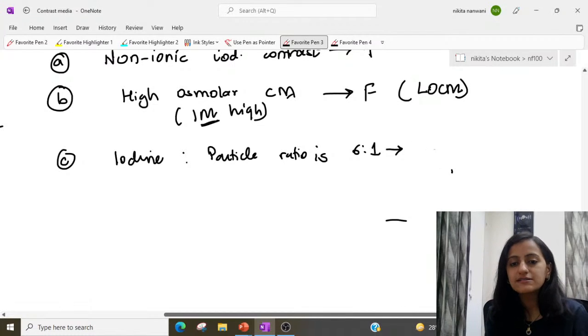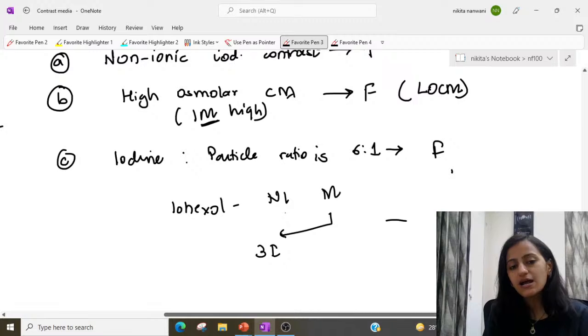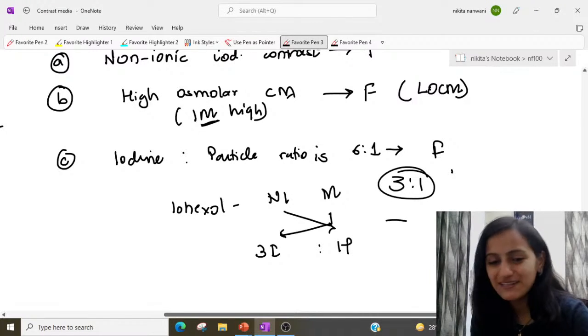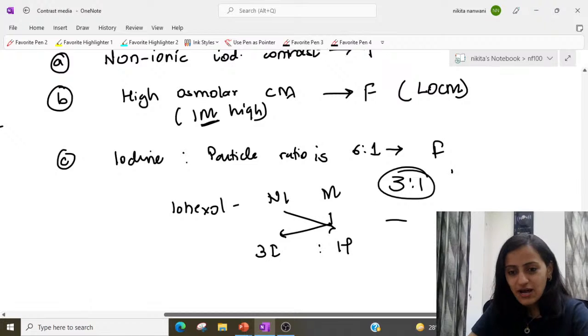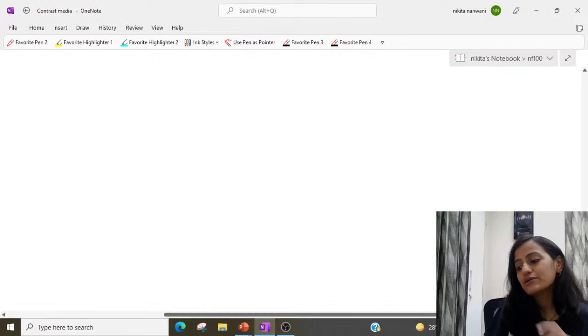Yes, it's a false statement because iohexol is a non-ionic monomer. Monomer will give 3 iodine, non-ionic will give 1 particle. So it is 3 is to 1. It is not 6 is to 1. Absolutely right. So I hope this chemistry part of the iodinated contrast media is clear.